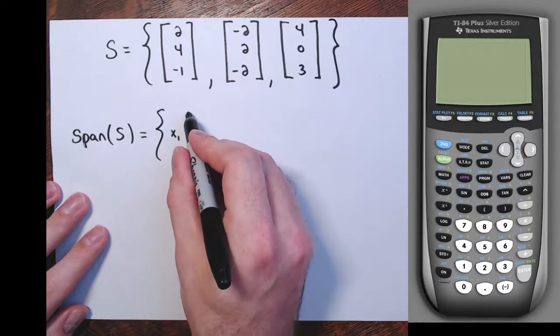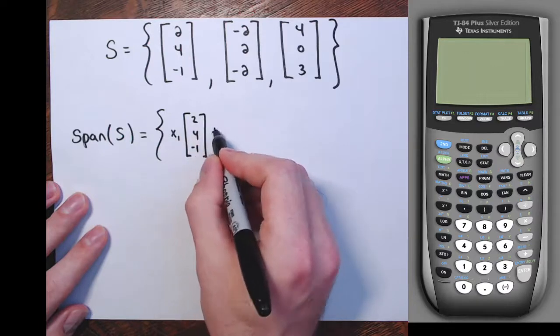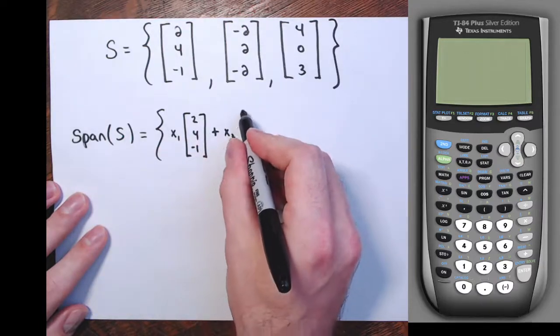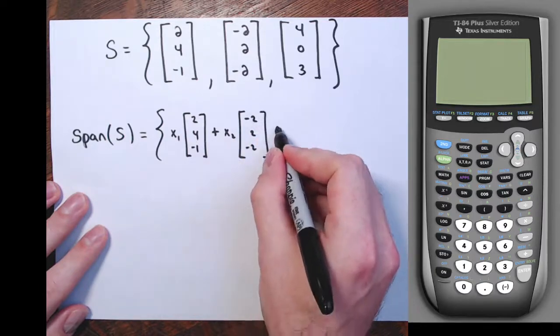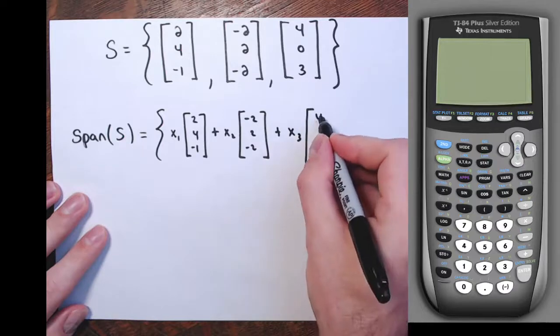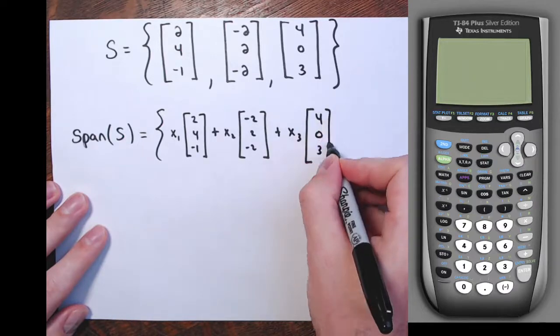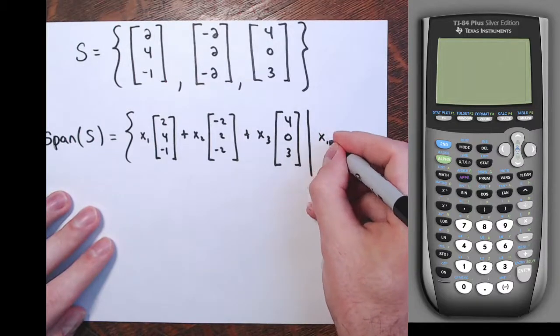X1 times 2, 4, 1, or 2, 4, negative 1, plus X2 times negative 2, 2, negative 2, plus X3 times 4, 0, 3, where x1, x2, and x3 are real numbers. They're scalars.